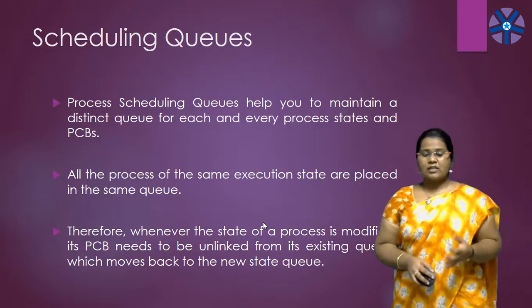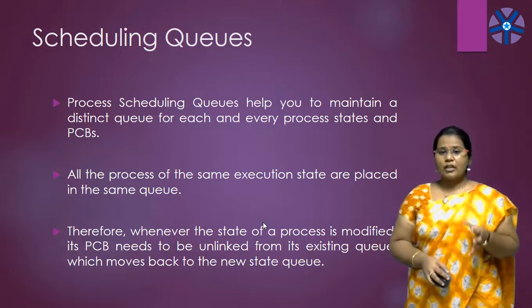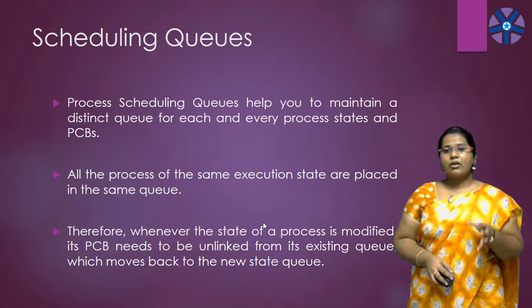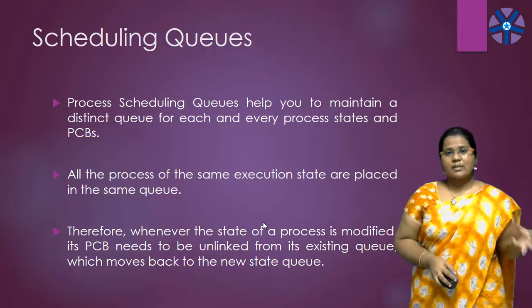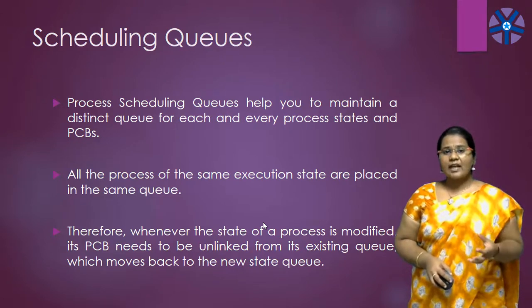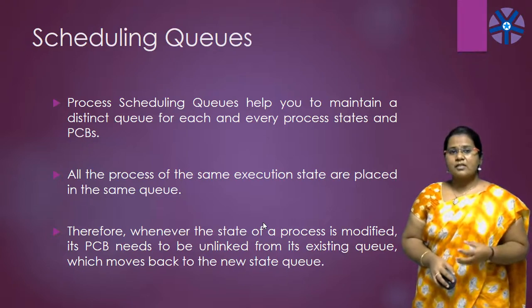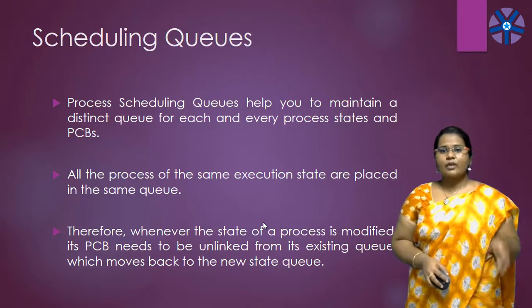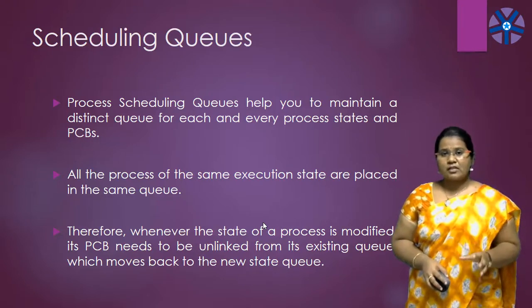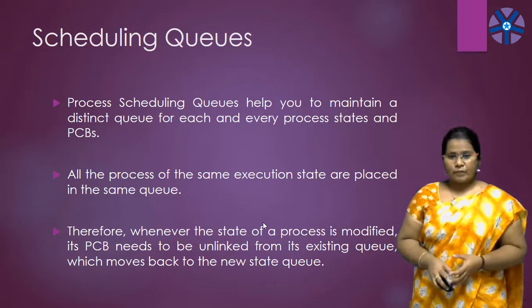Whatever the state, these process scheduling queues help the operating system maintain each process in a separate queue. Based on the state in which the process is present, the operating system will place the process in that particular queue.